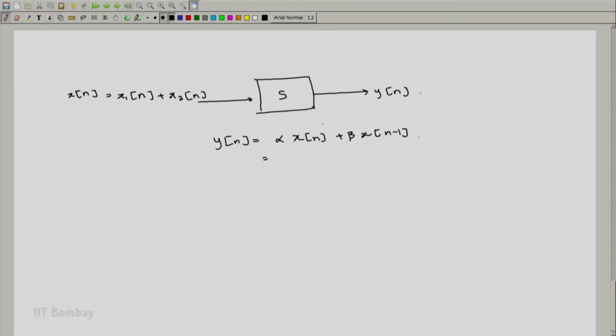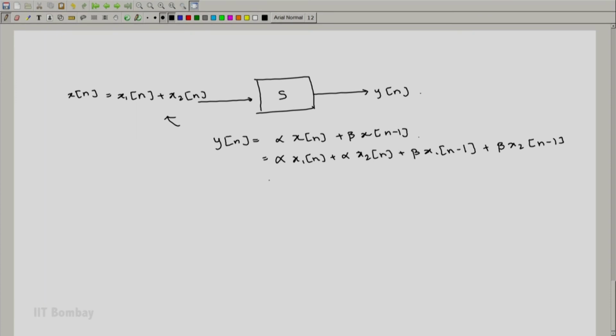So putting in the value of x of n, which is equal to x1 of n plus x2 of n, then we can see that we can split it up into alpha x1 of n plus alpha x2 of n plus beta x1 of n minus 1 plus beta x2 of n minus 1. That's right. Now aggregate the terms.